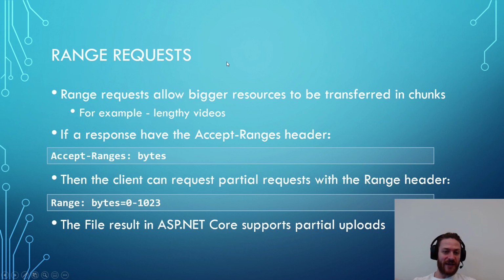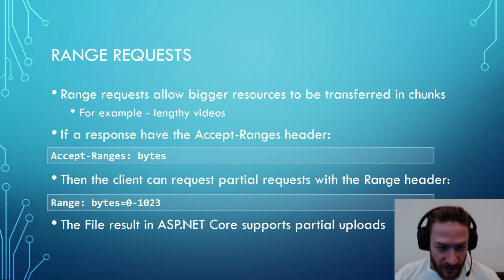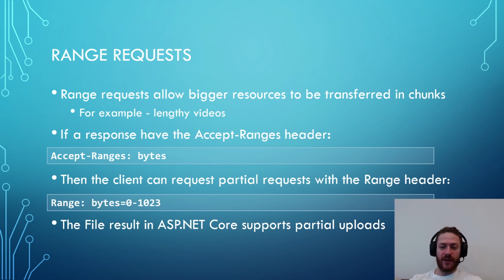Range requests are very easy to do, and the ASP.NET Core has a first-class support for them. A range request means that the server needs to return a response saying accept ranges bytes. If it returns an accept ranges header, the client then can try to get chunks by using the range header.